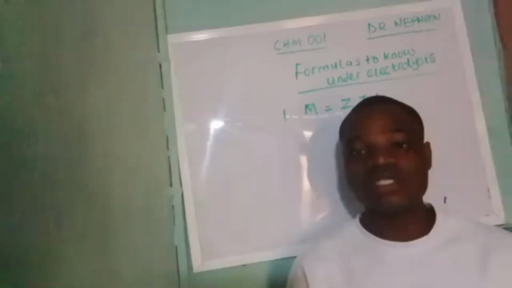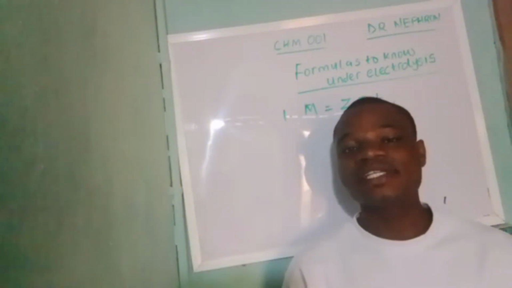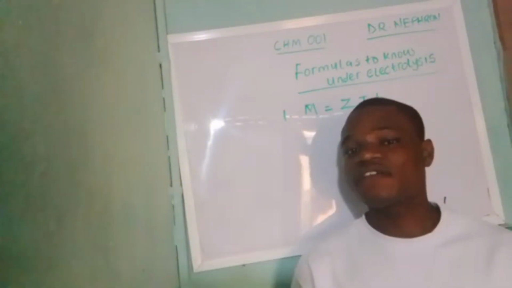The first formula to know under electrolysis is M equals ZIT. Where do we derive this formula from?